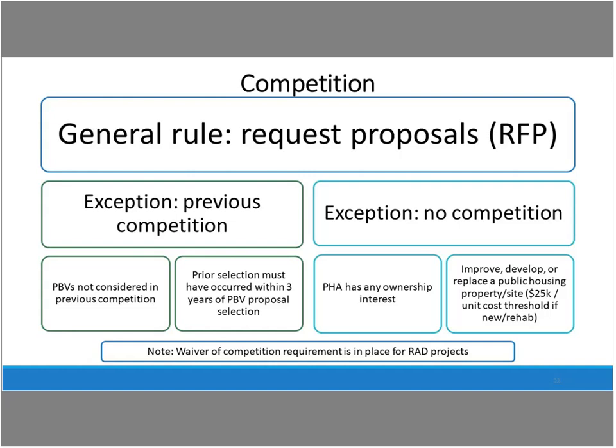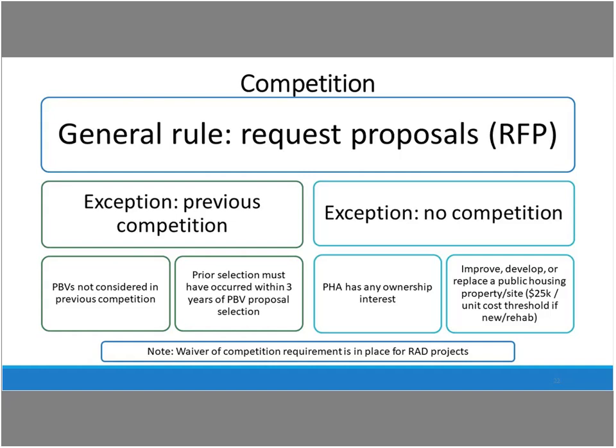Then the housing authority can piggyback on that competition, so to speak, and award project-based vouchers accordingly. The prior selection, so let's say it was an award of 9% tax credits, must have occurred within the prior 3 years, and that selection could not have been based upon the project having project-based vouchers. So the PBVs were not considered in the previous competition or were not a basis for that award, and it must have occurred in the last 3 years. So previous competition is one exception.